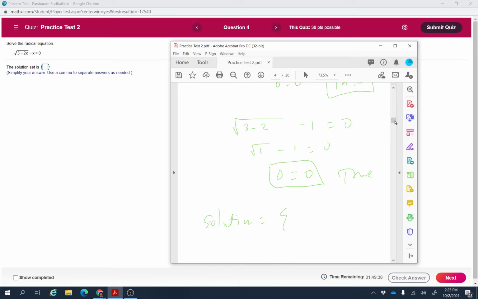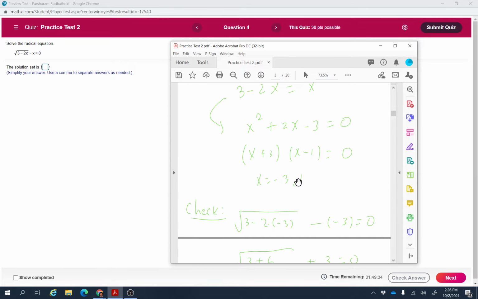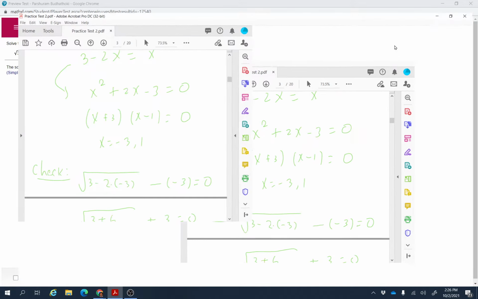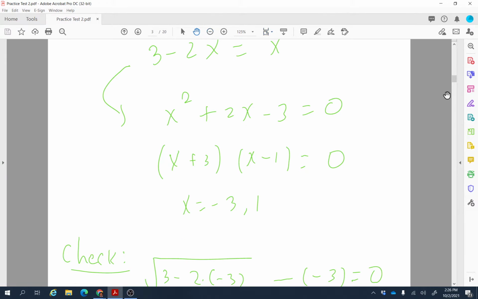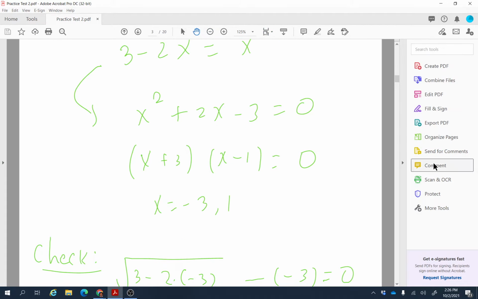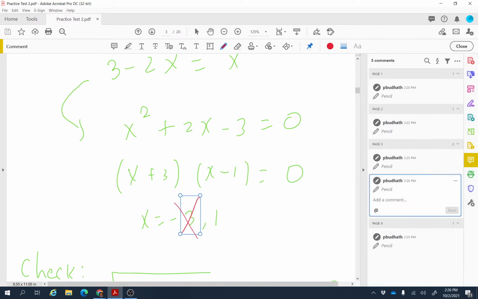We got two potential solutions, -3 and 1, but out of these two potential solutions, -3 is not the right solution. That's what we found. So we have to cancel this -3 as a potential solution. So this is not the right one. So the only solution we have is +1.